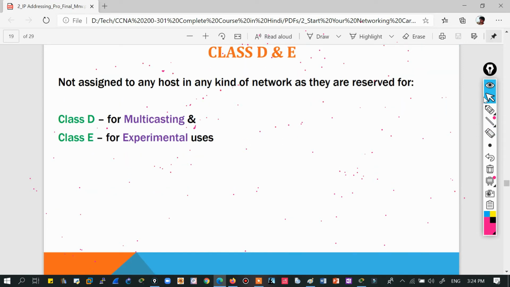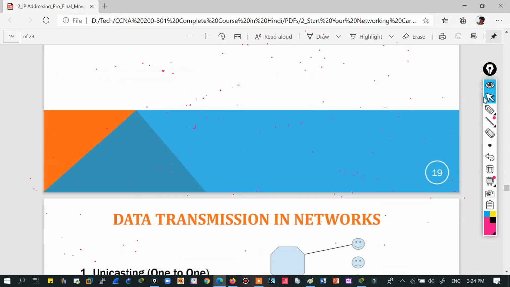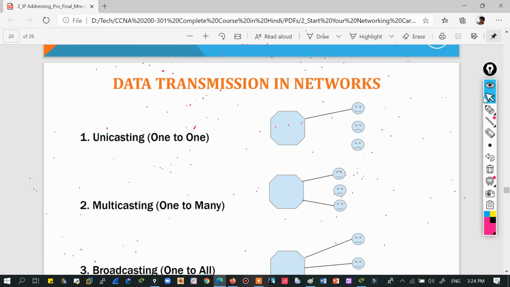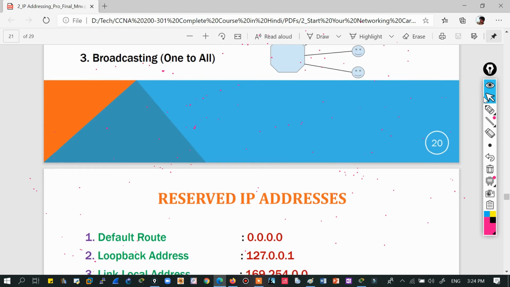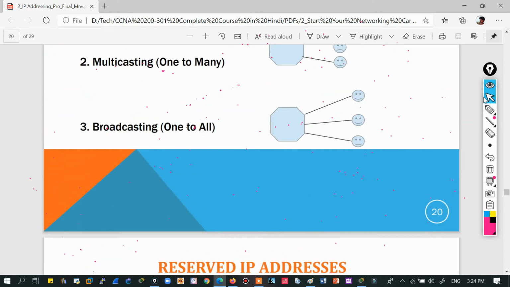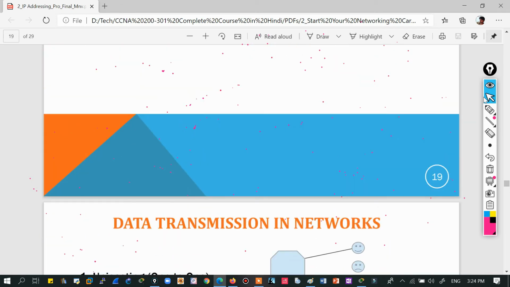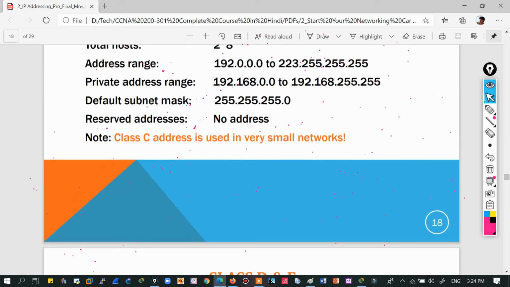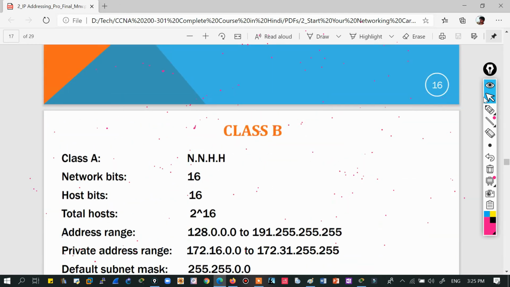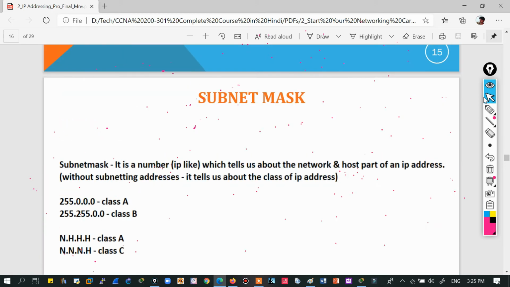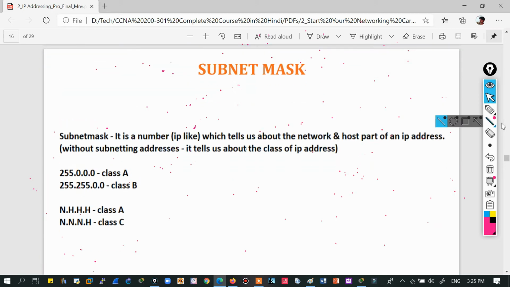After that, data transmission, I have discussed this. Before reserved IP addresses, let me tell you about subnet mask. Let me give you the example first, just a minute.